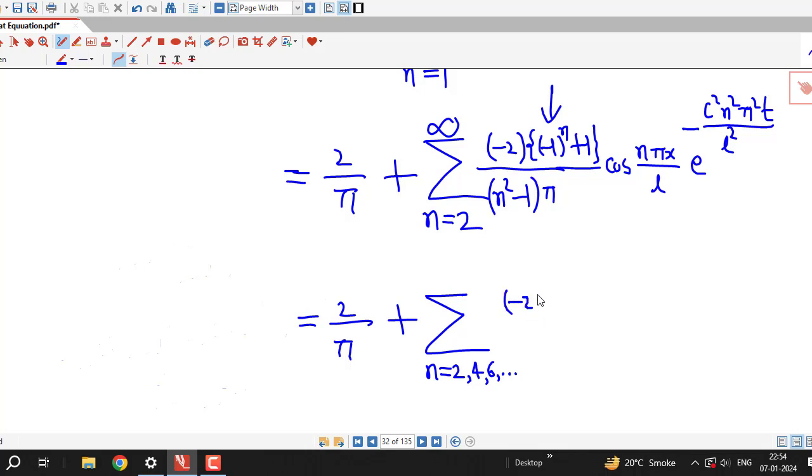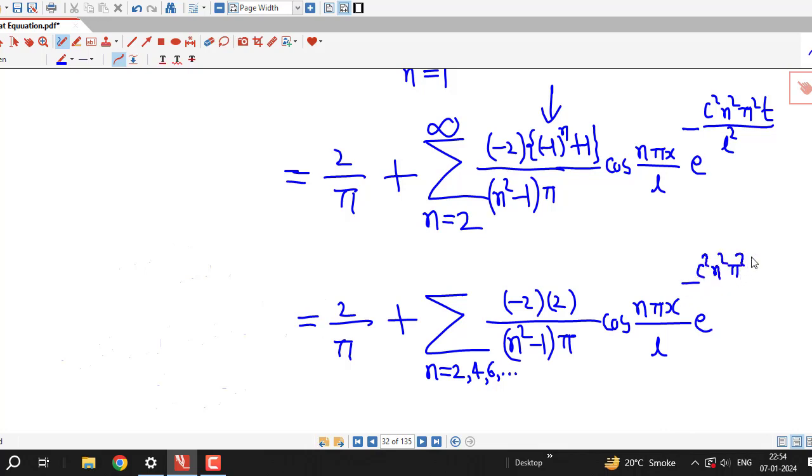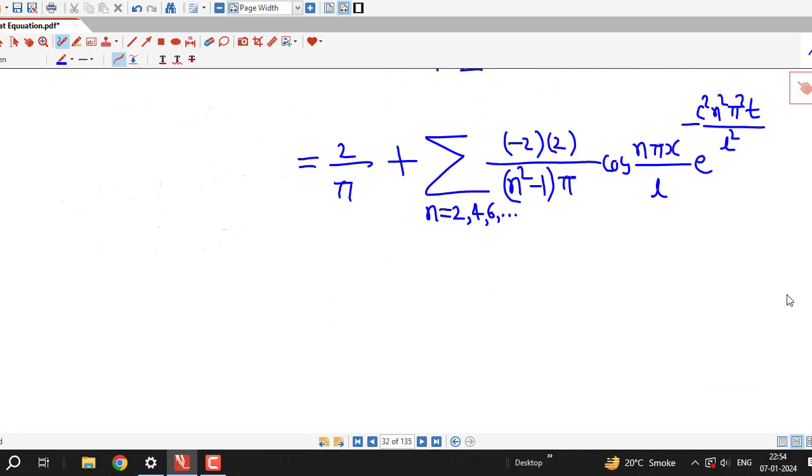If n is even, then this bracket, minus 1 raised to n plus 1, is going to be 2. So I am writing 2 there. Here I will have n square minus 1 into pi, and these things as it is, cosine of n pi x by l, e raised to minus c square n square pi square t divided by l square.